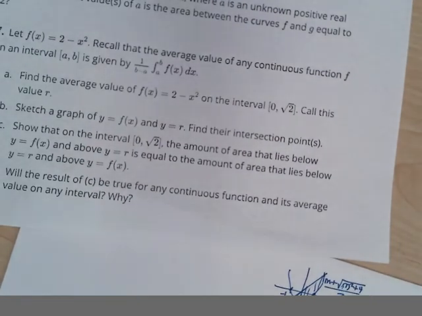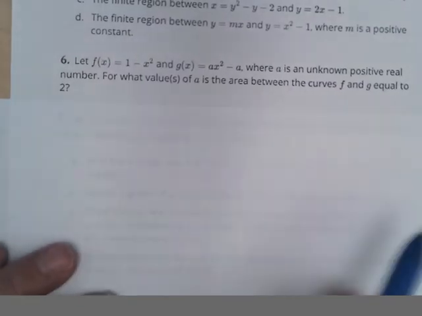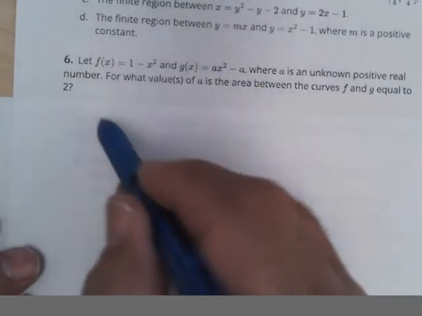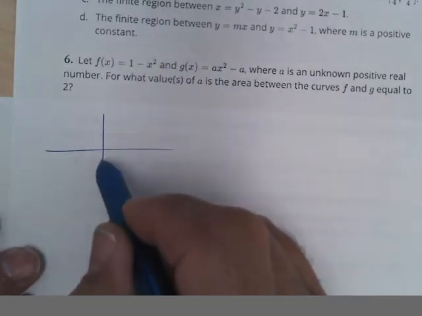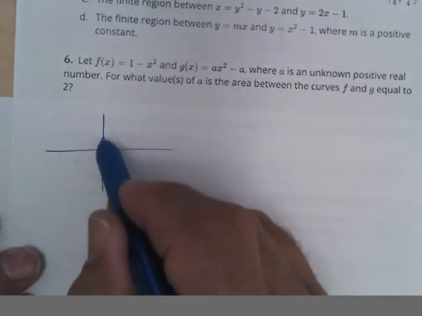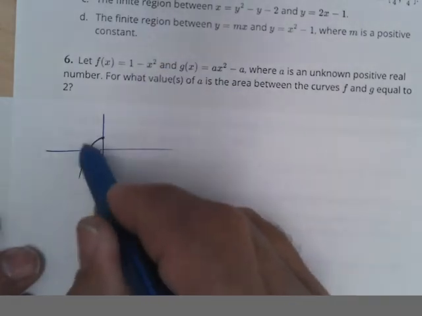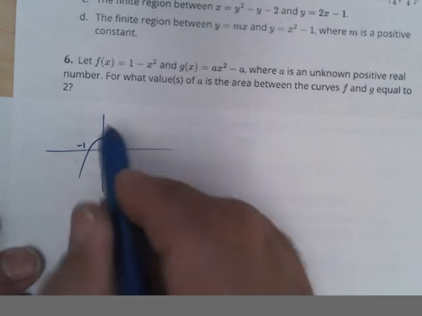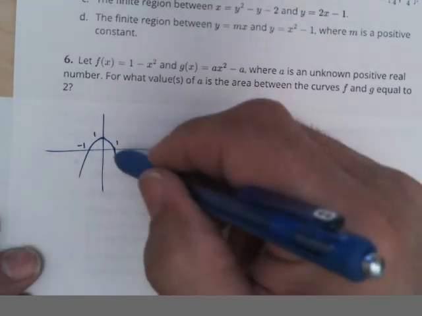Number 6. So number 6, they say it's unknown region, and so we've got, first of all, this one. And so this is just a regular parabola, down 1, or up 1, upside down, so it's going to go through -1 on the x-axis and plus 1 on the x-axis and 1 on the y-axis.